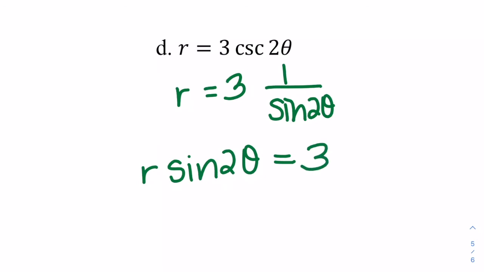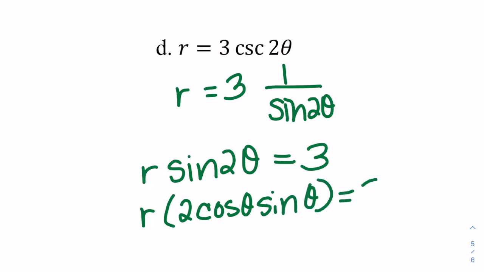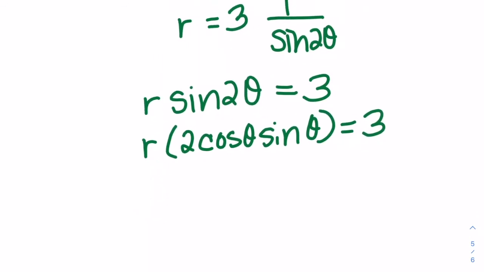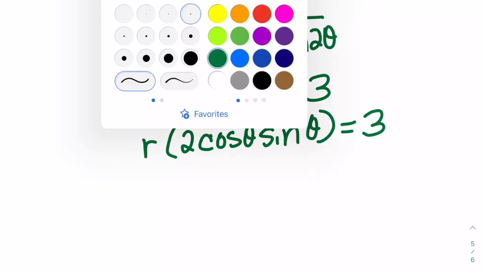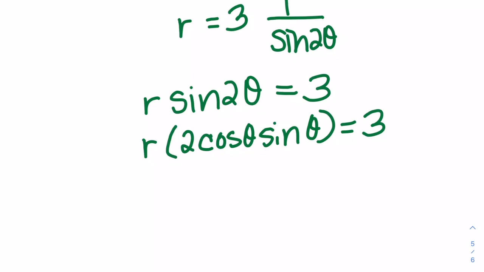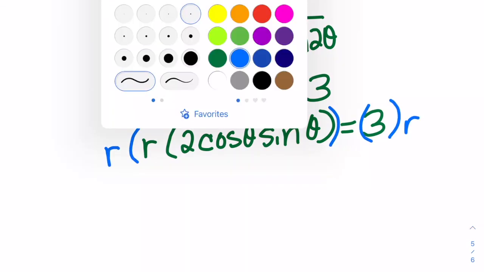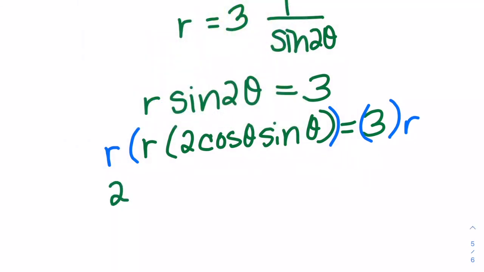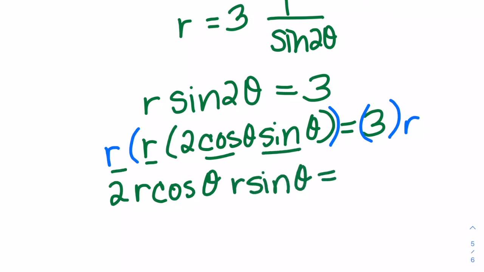Now we just saw that double angle, so we know that sine of 2 theta is 2 times the cosine of theta times the sine of theta. x is going to equal r cosine theta and y equals r sine of theta. So it would actually be a good idea to multiply both sides by r. If I separate these, we'll have 2 r times cosine theta, and then r times sine of theta equals 3r.